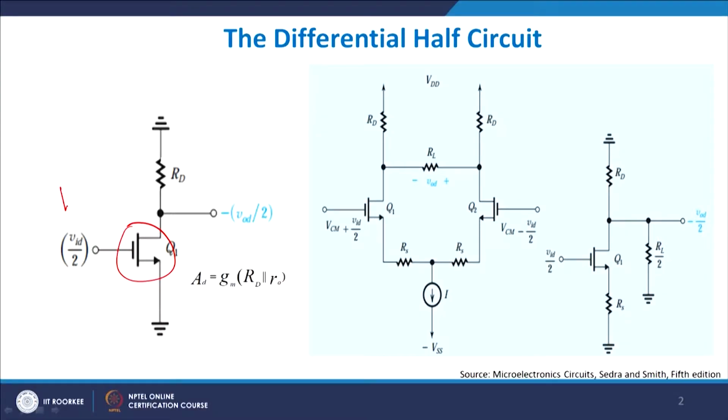You have a Q1, which is your MOS transistor here, and I apply a voltage VID by 2, where VID is the input voltage difference, and RD is the resistance offered, and we get minus VOD by 2 as the output voltage with the negative sign, because it is 180 degree phase shifted. In such a scenario, the overall gain is given as GM times RD parallel to RO. Let me show you how this works out.